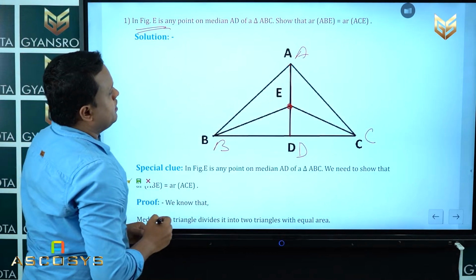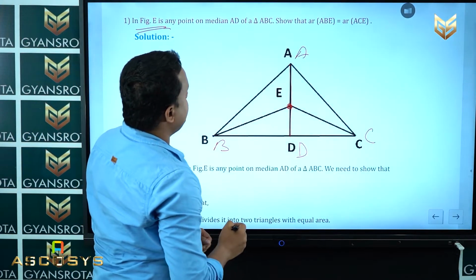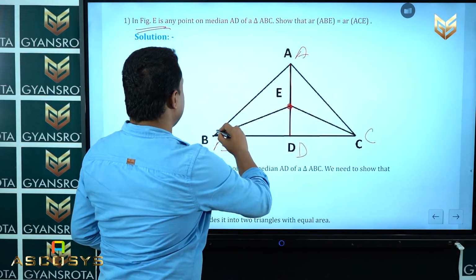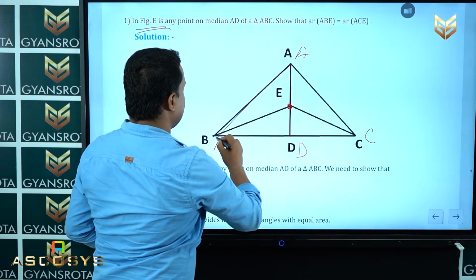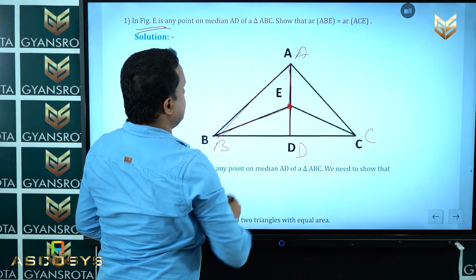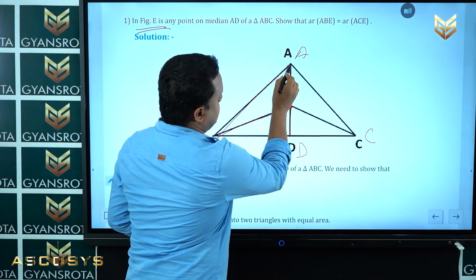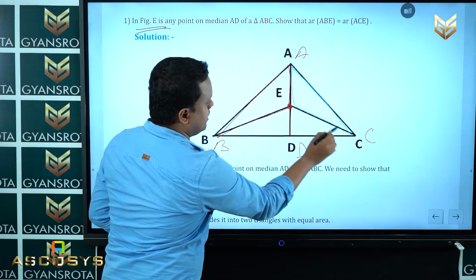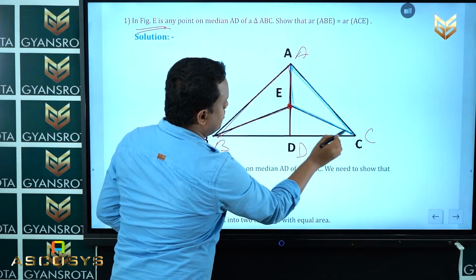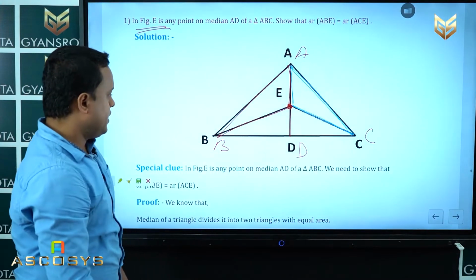We have to show that the area of triangle ABE is equal to the area of triangle ACE.